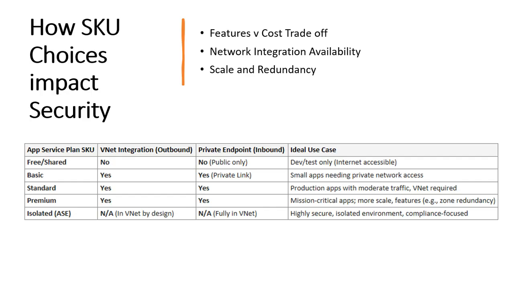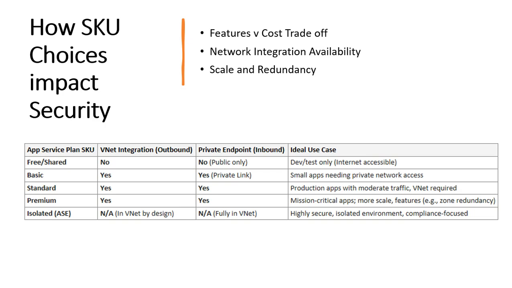Whereas before, you would have gone to a premium tier, and for example, your isolated tier for your App Service Environments is going to be fully in a VNet. So you've got VNet integration inbound and outbound, which gives you the high secure isolation. Now, all of a sudden you're not talking about security in terms of, damn it, I need to go to a higher SKU.